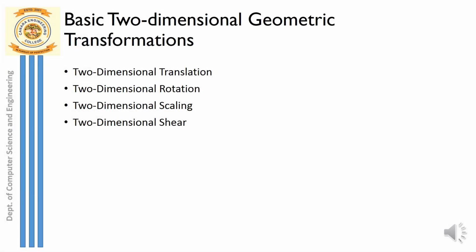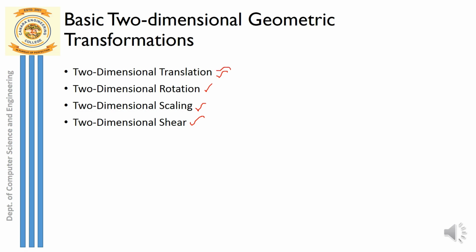The basic two-dimensional geometric transformations are: the first 2D transformation technique is translation, the second is rotation, the third is scaling, and the fourth is shear. These are the four basic 2D transformation techniques, and the first one is translation.